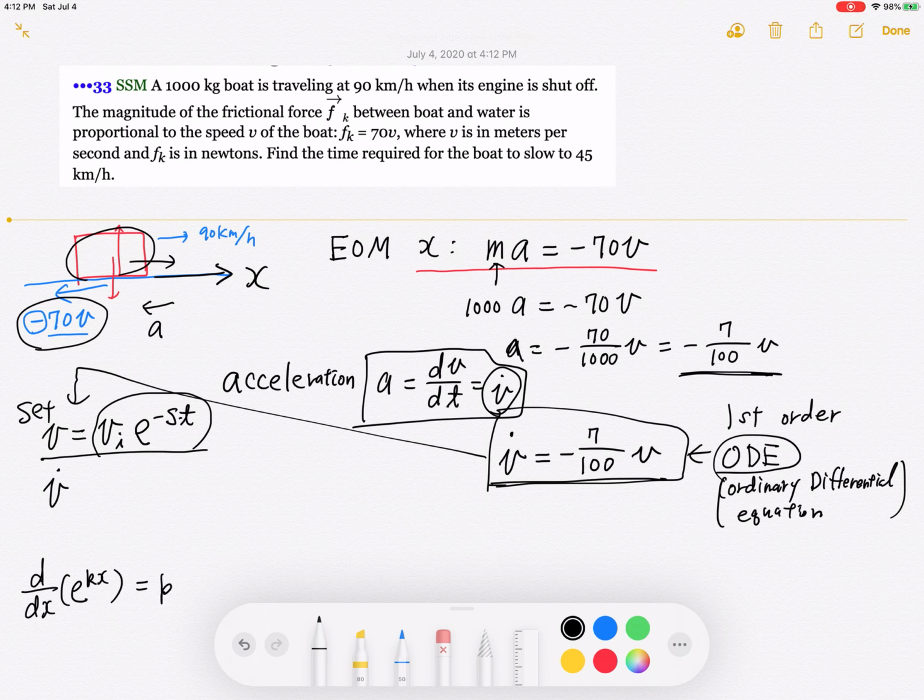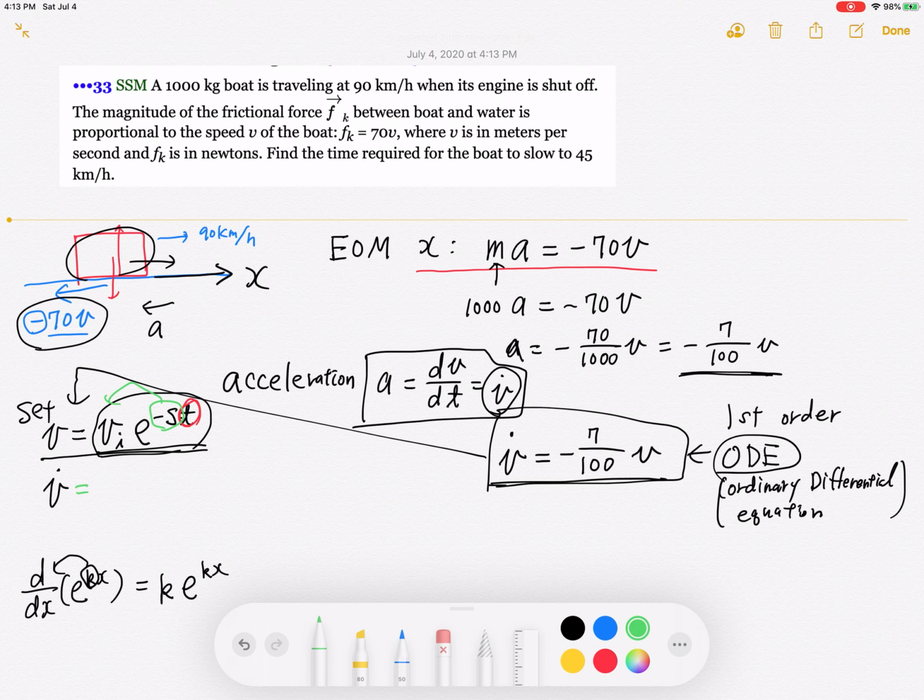It's k e to the power of kx, right? This k pops out as a result of differentiation. The same thing happens here when taking the derivative with respect to time. What comes out is this negative s will pop out.